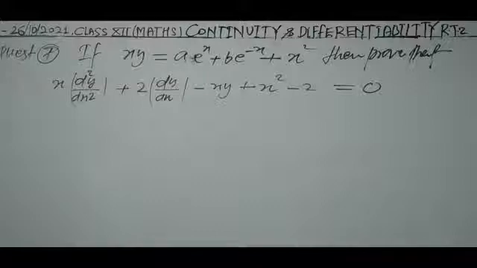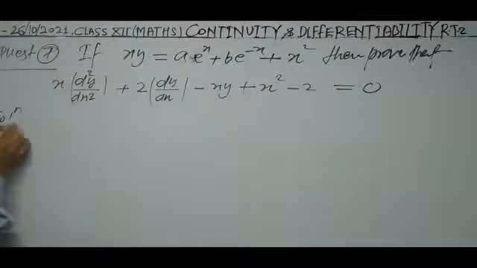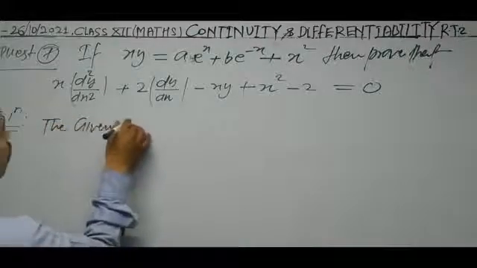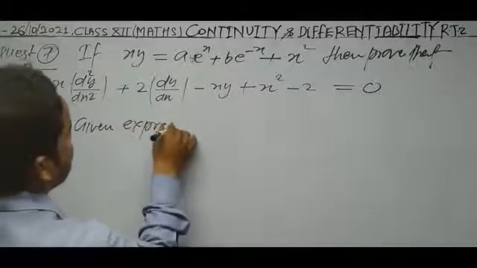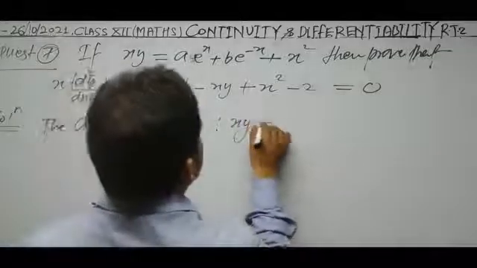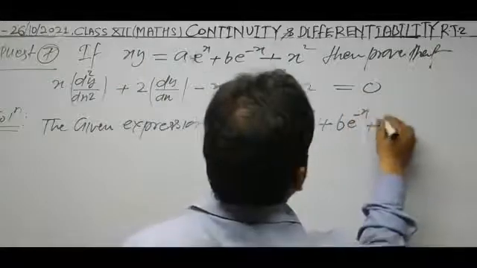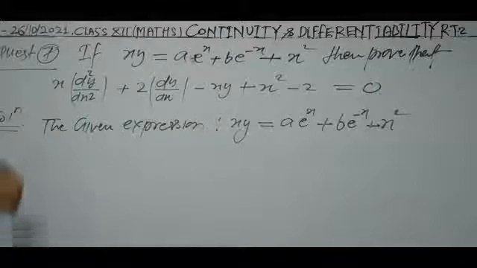Now see, the given expression xy is equal to a times e to the power x plus b times e to the power minus x plus x square. Now we have to differentiate both the sides.